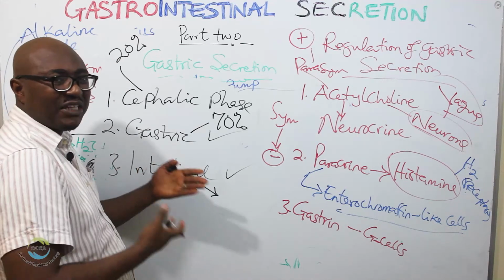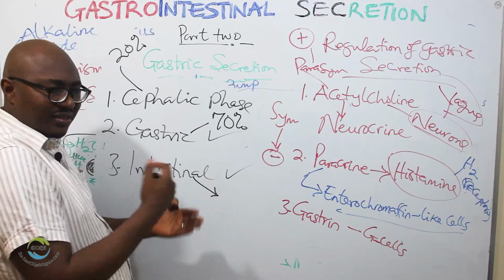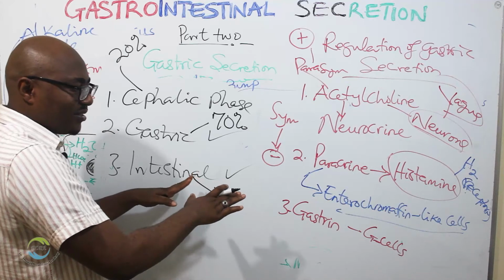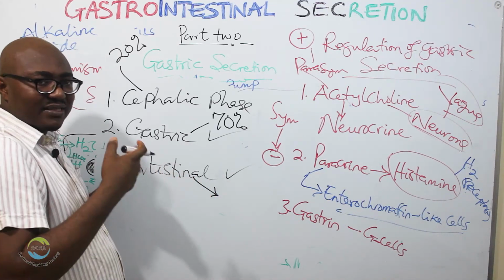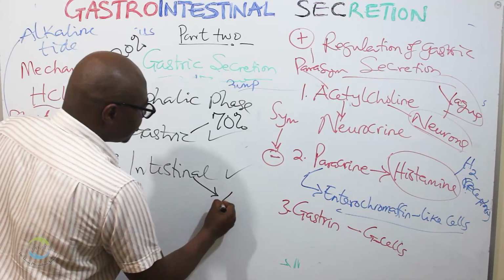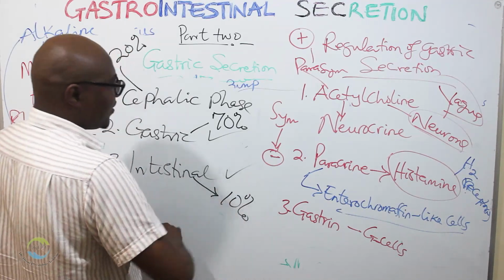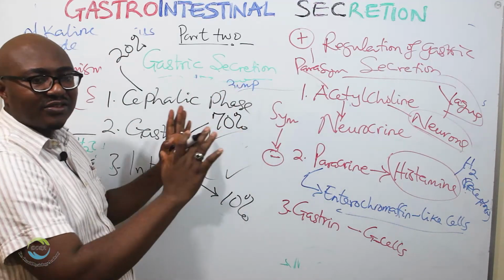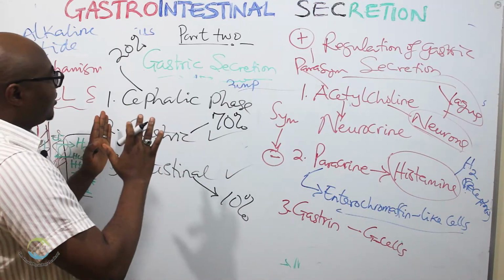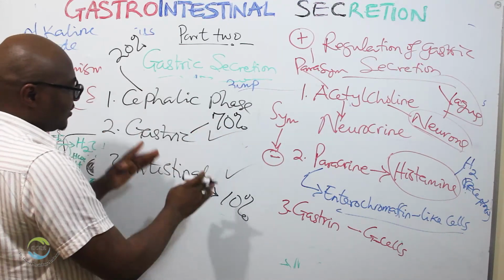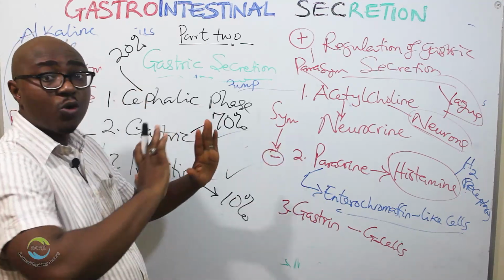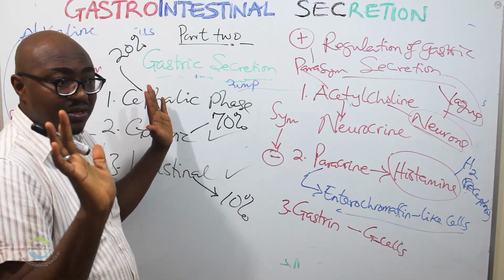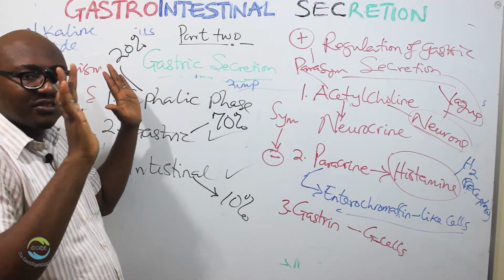Usually it's inhibitory, because when the acid chyme enters the intestine, it starts inhibiting gastric secretion. So this one contributes 10%, which is inhibitory. Okay? 20, 70, 10. This is basically all you need to know at this level about gastric secretion.